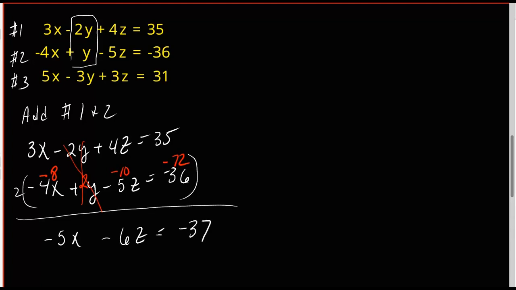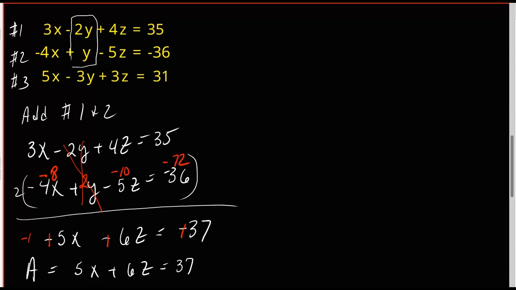I'm going to go ahead and multiply it all times negative 1 to get rid of all these negative numbers here. If I multiply it times negative 1, I would get a positive and a positive. I'm going to label this as equation A. So equation A here is 5x plus 6z equals 37.